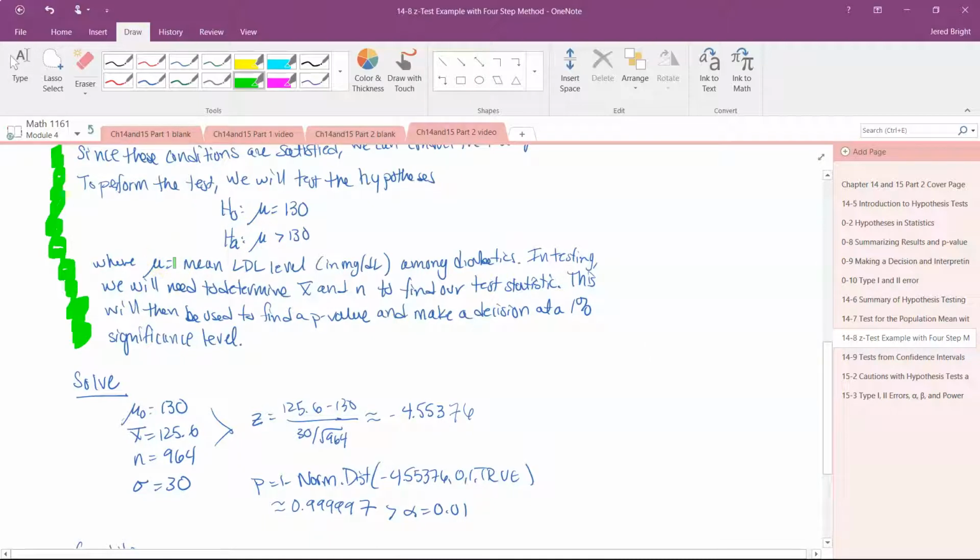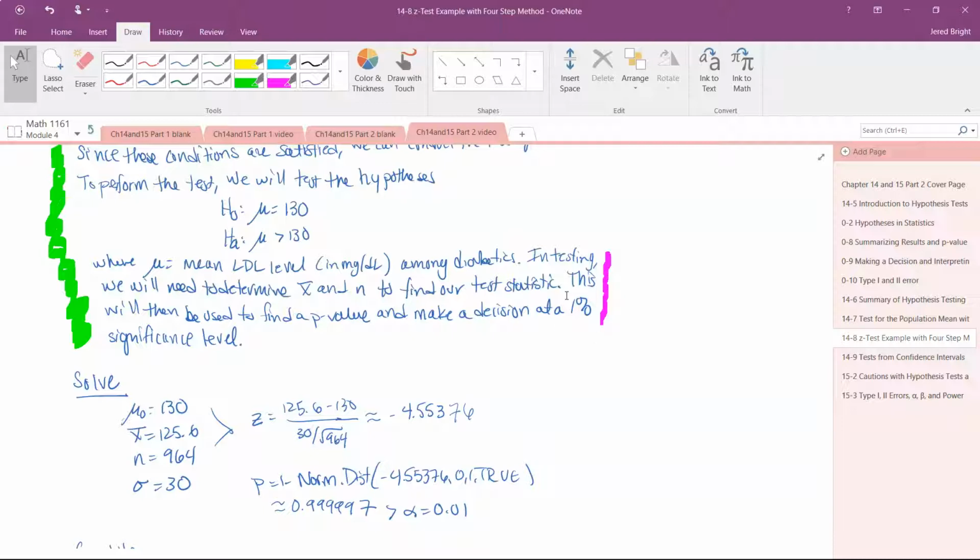And then this last part over here, two sentences rather, is just articulating how I'm going to go about conducting the test. I'm going to say I need to find x bar and n to find our test statistic. That's step one, and then with the test statistic, I can find the p-value and make a decision using that.